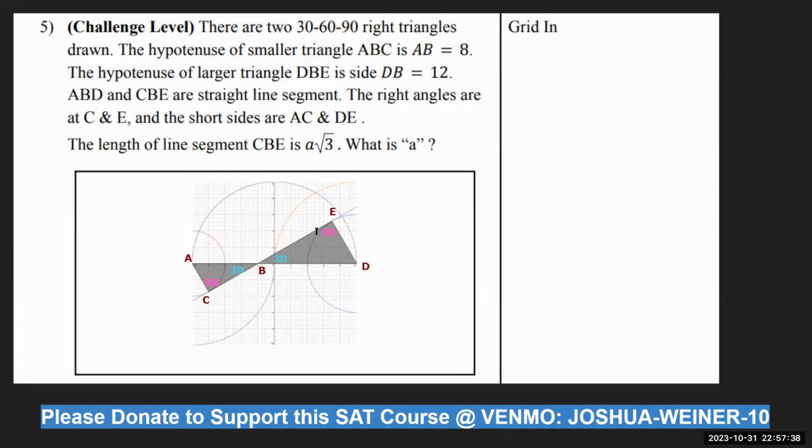Maybe it is easier to read in light blue, so let me erase the 90s and then put them in light blue. Or maybe white's even better, or yellow, so it stands out on the page. This angle's 90. Those are 30s, so these angles must be 60.